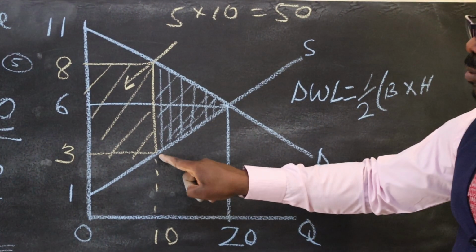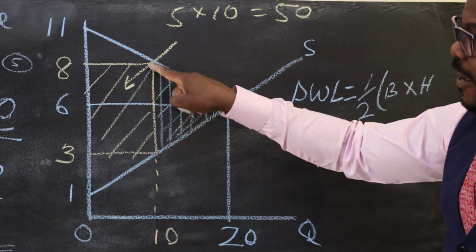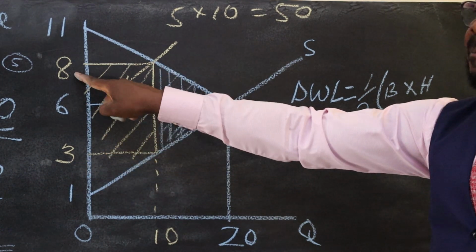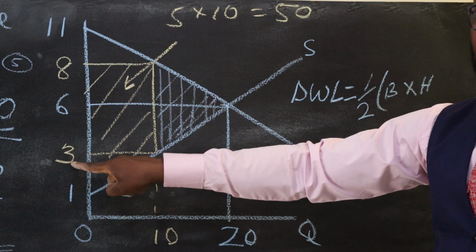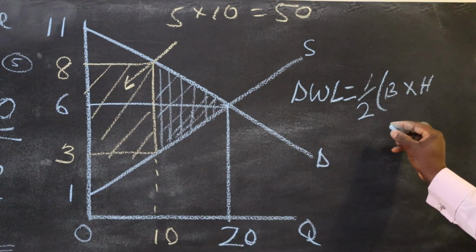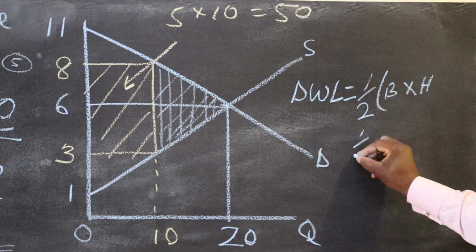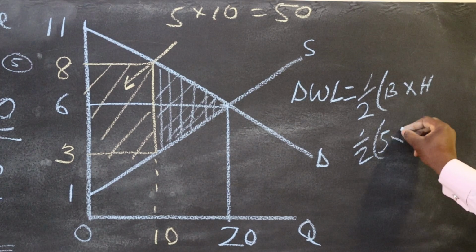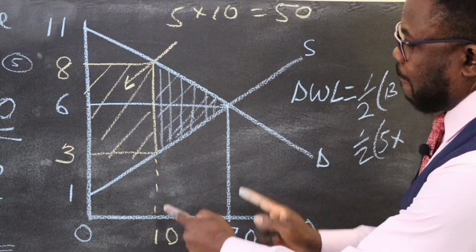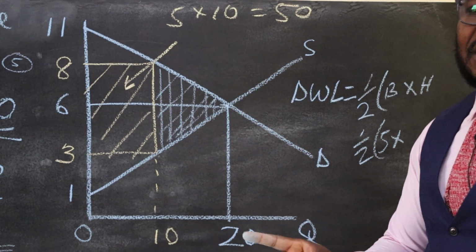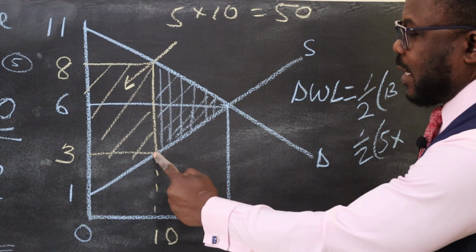We can work out the distance between here and here, which is 8 minus 3, which is 5. So that would be half times 5 times the height of this triangle, from here to here.